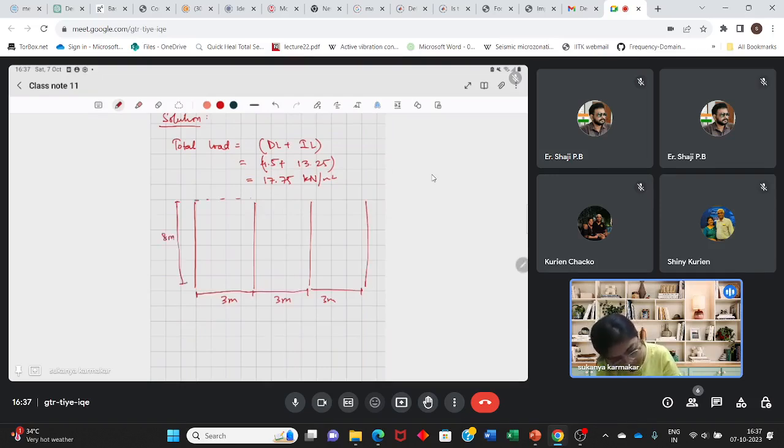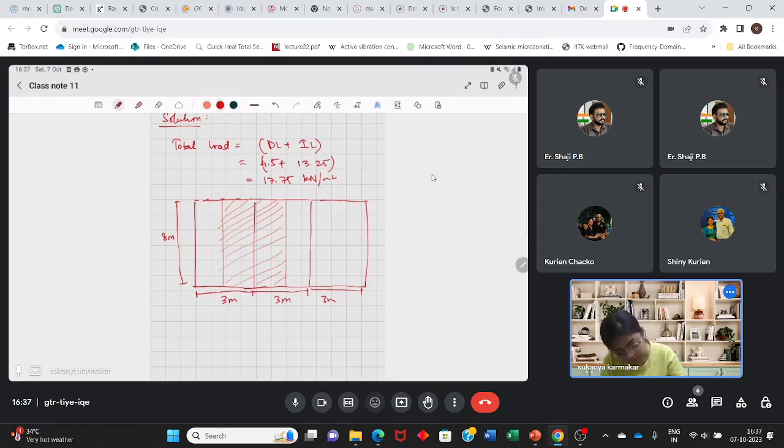So it's like a roof plan sort of thing. It is like the term which I had used earlier, we can call it the total contributory area.